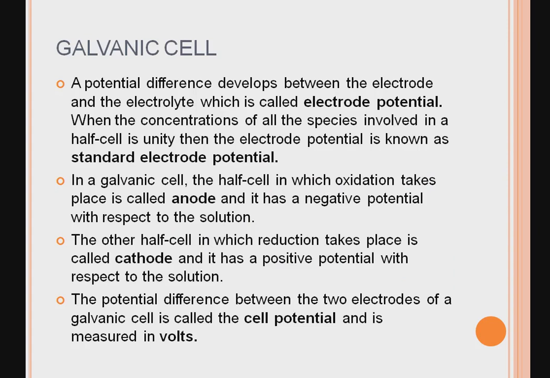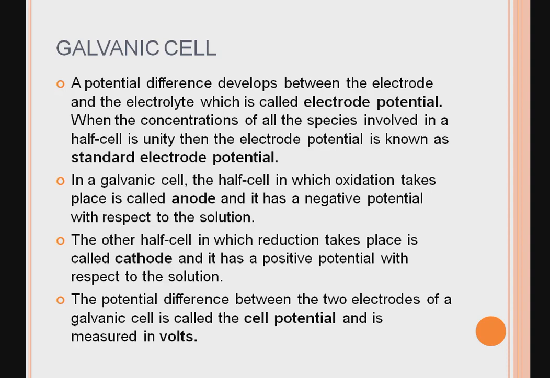Now, in the galvanic cell, at each electrode electrolyte interface, there is a tendency of metal ions from the solution to deposit on the metal electrode. At the same time, metal ions from the electrode have a tendency to go into the solution as ions.